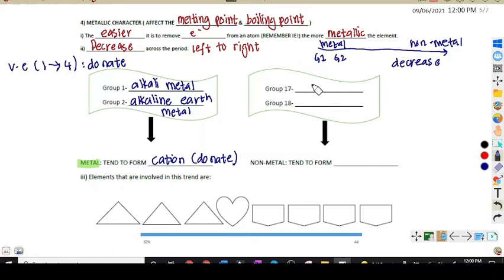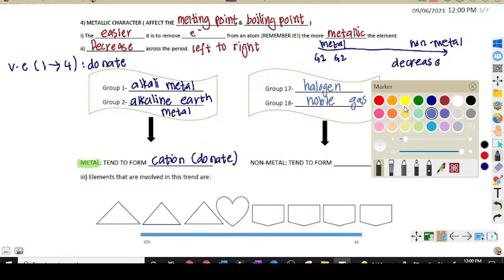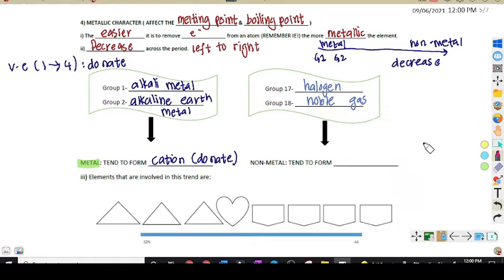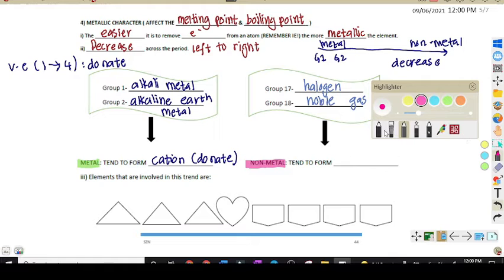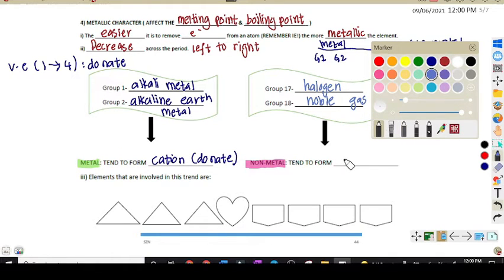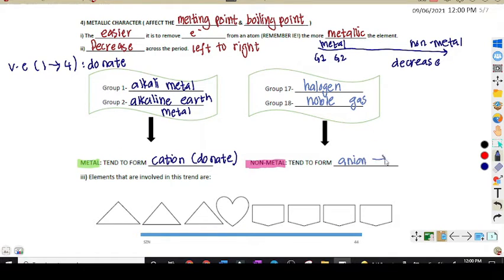Group 17 is called halogen, and group 18 noble gas. So group 17 and group 18 are known as non-metals. They tend to form anions, meaning they tend to receive electrons in order to achieve a noble gas or octet configuration.